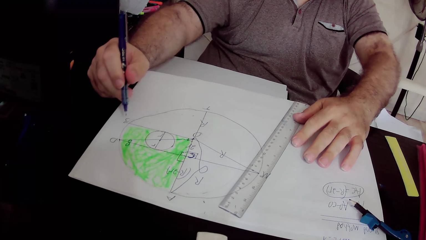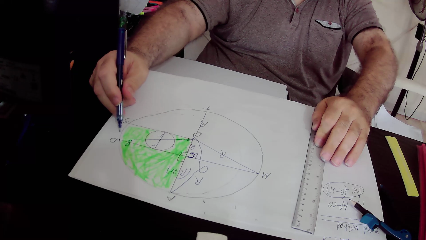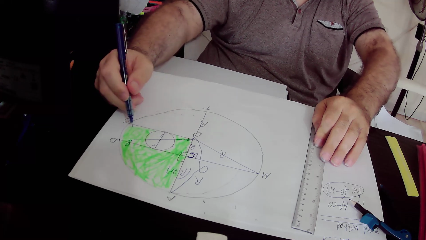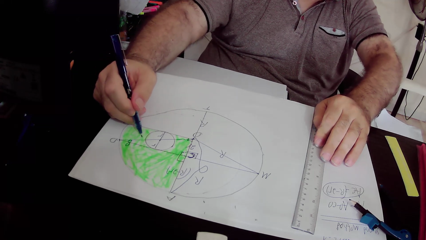Point D is on the big circle itself, therefore OD is the radius of the big circle, equal to capital R.